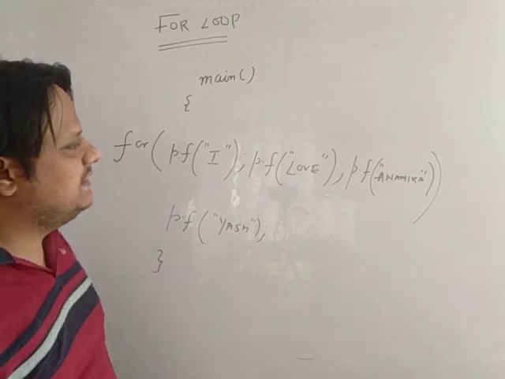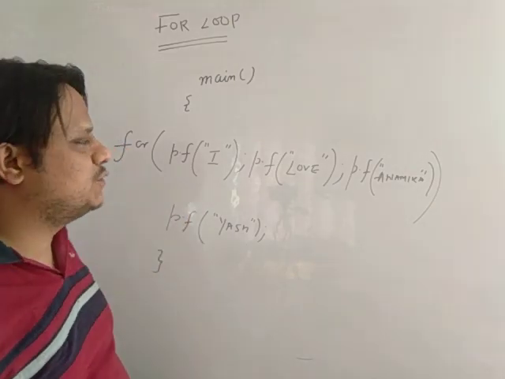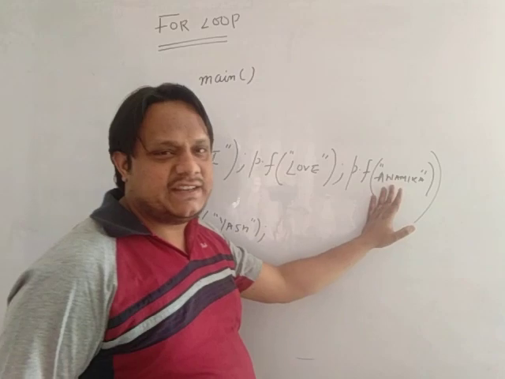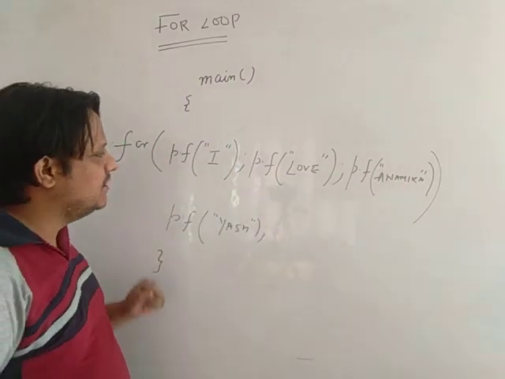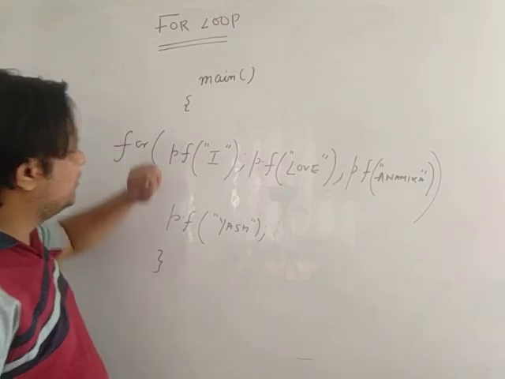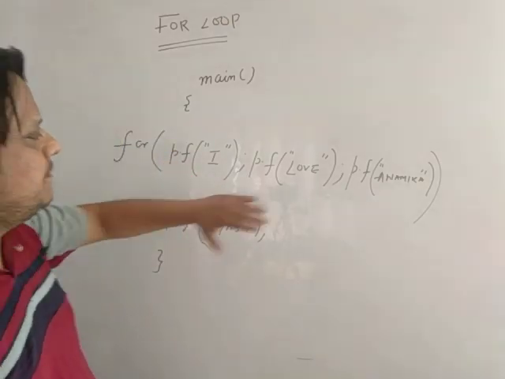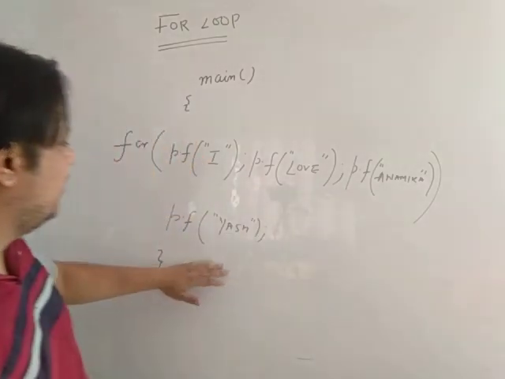Now can you tell me what is the output of this code snippet? Anamika is basically the name of my wife. I love her so much, that's why the keyword love. Yash is my name.